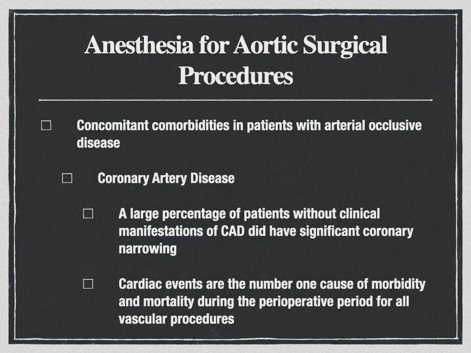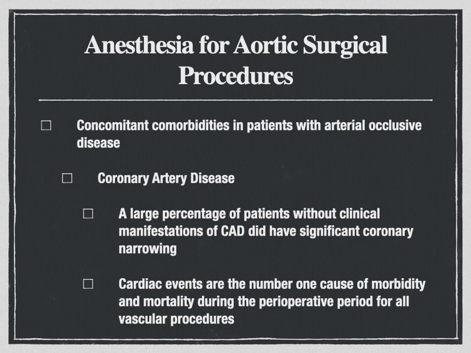Next, we'll talk about some of the concomitant comorbidities in patients with arterial occlusive disease. I want to start by saying that the occlusive disease is definitely non-discriminatory. If you have aorto-occlusive disease, you most likely have additional occlusive disease, whether it's peripheral or central.